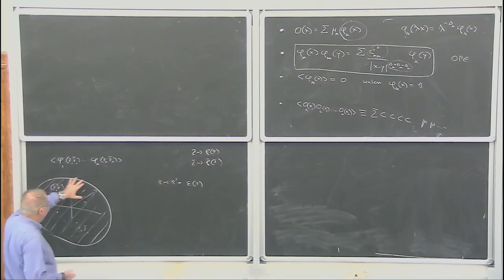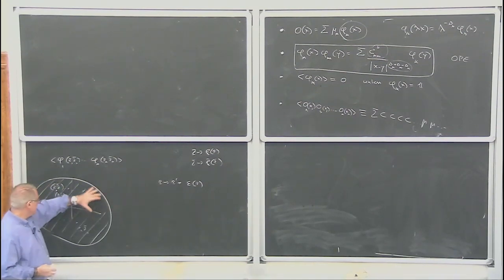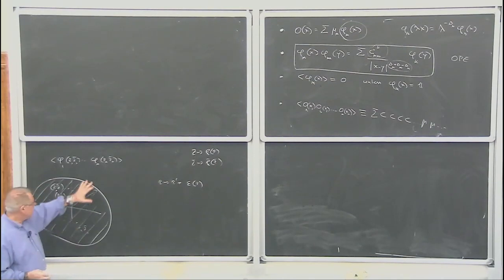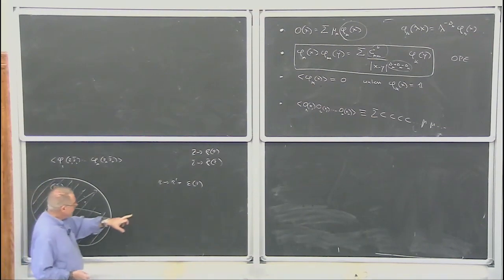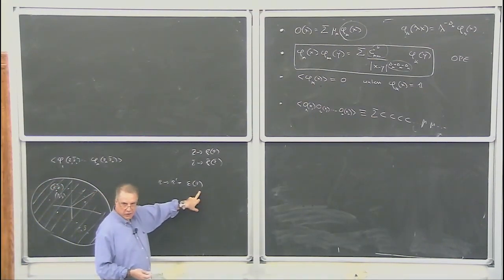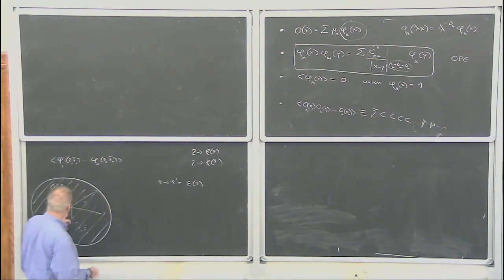Once you have a correlation function with endpoints in the finite region, you will see later how to deal with infinity, but it's simple. I can identify a disk which contains all these points, and I can make a transformation of coordinates in the following way.